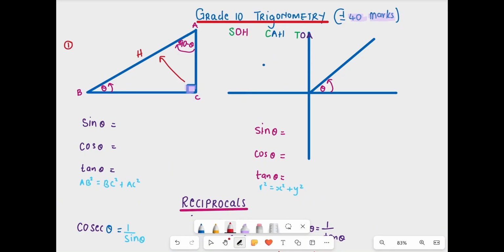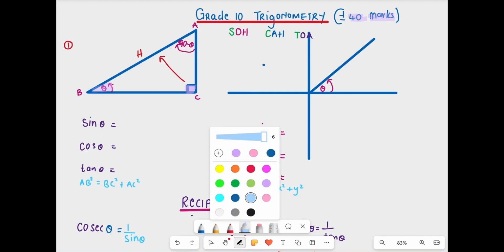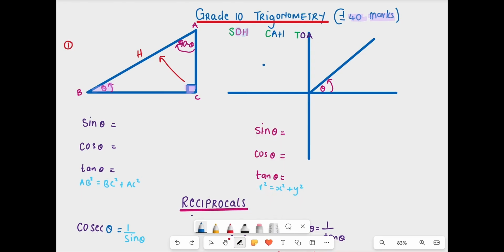Now, you must be able to define sine. Sine angle theta. The definition of sine is opposite over hypotenuse.